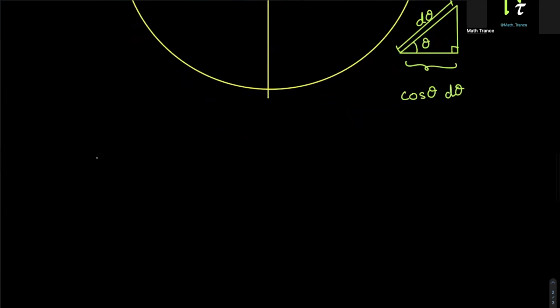So therefore what we can write is sine of theta plus d theta minus sine theta. The change is equal to cos of theta d theta, right?